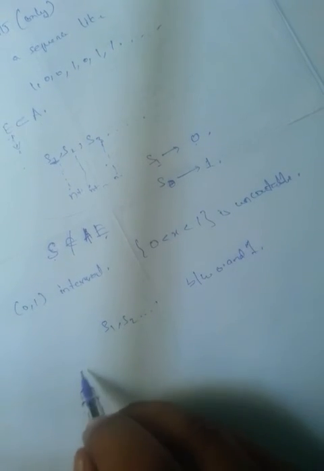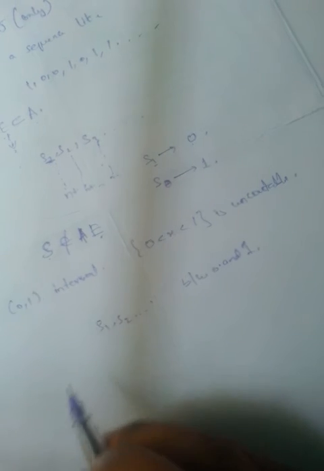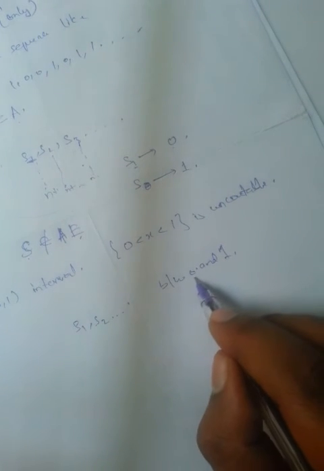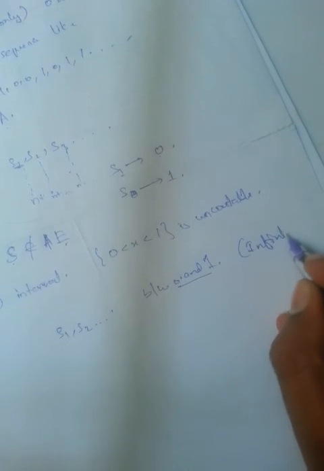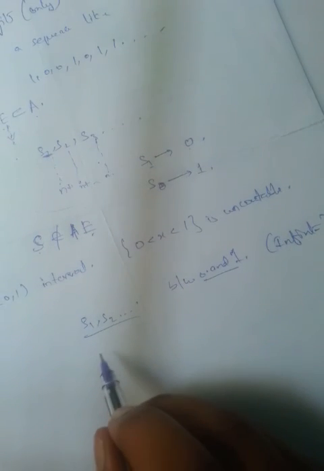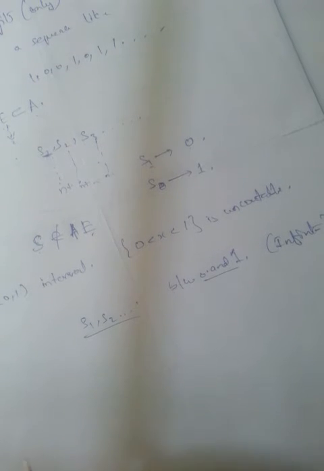Since the numbers between 0 and 1 are infinite, the sequences that we are getting will be infinite.